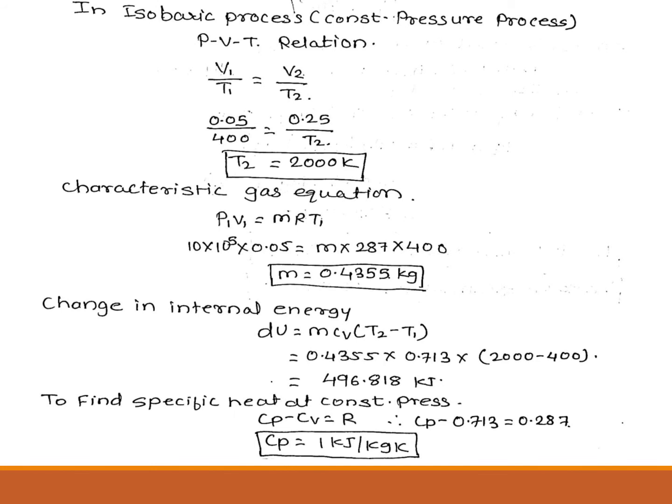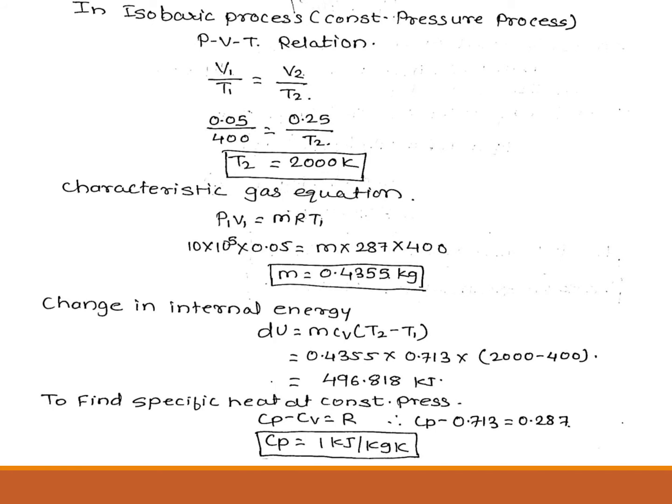Then we find internal energy. The formula of internal energy is m Cv (T2 minus T1). But in this formula m is unknown. So for m we use the characteristic gas equation, P1 V1 is equal to m R T1. In this formula we get m is equal to 0.4355 kg.